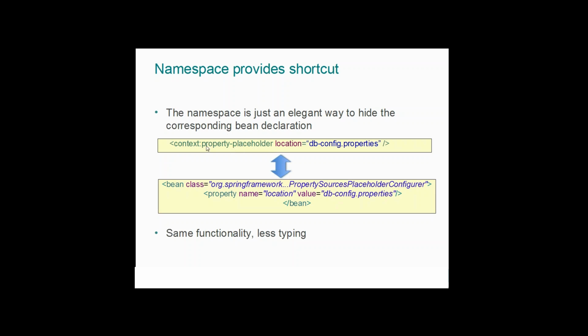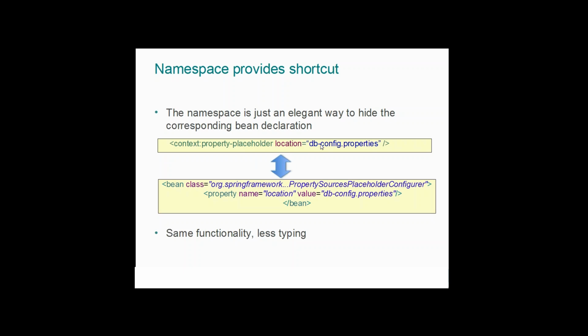If I use this property placeholder, behind the scenes Spring will set up the PropertySourcesPlaceholderConfigurer bean, and for whatever I provide, like location, I just use it as an attribute to pass where my db configuration property file is located. Spring will automatically figure out whether it needs setter dependency injection or constructor dependency injection. I don't need to worry about it. I just need to add this namespace and start using those tags with the attributes to be passed.